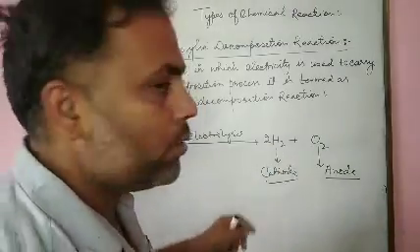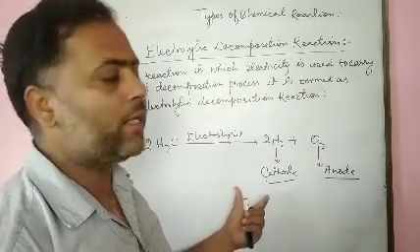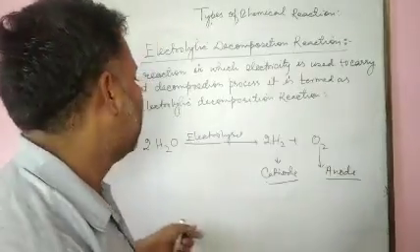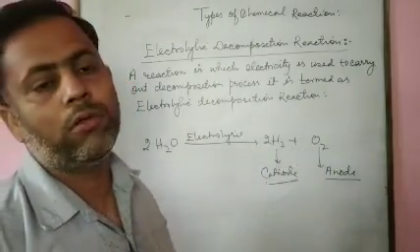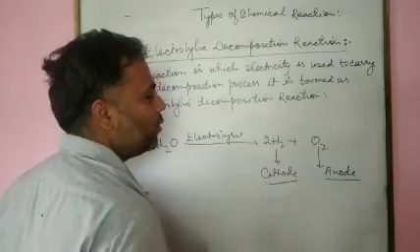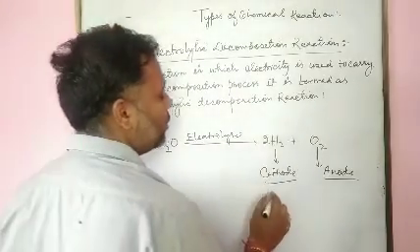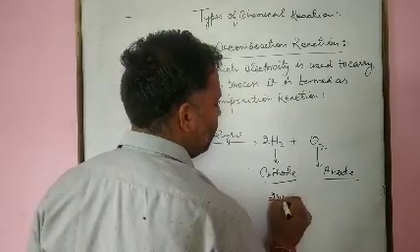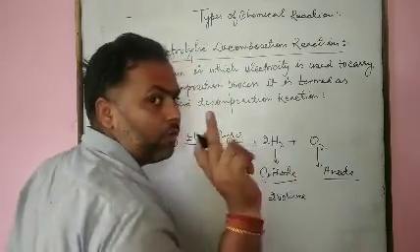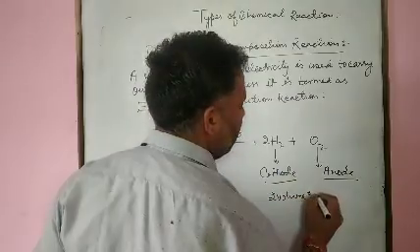Next, a question is asked in board examination: what is the ratio of hydrogen to oxygen? When we compare, we see the stoichiometric coefficient of hydrogen is 2. It means it is produced in 2 volumes. And the oxygen has stoichiometric coefficient 1. It is produced in 1 volume.